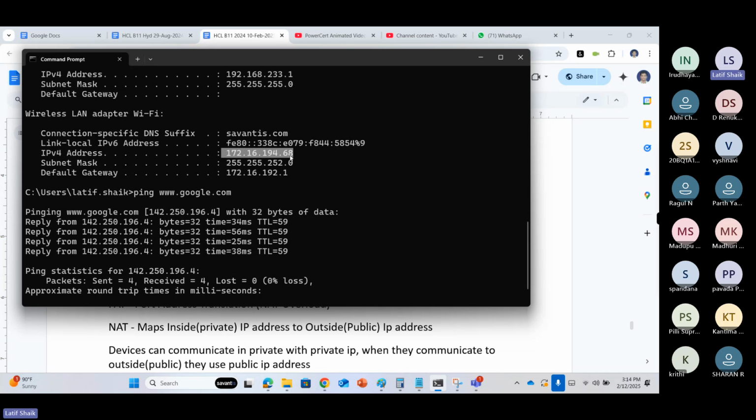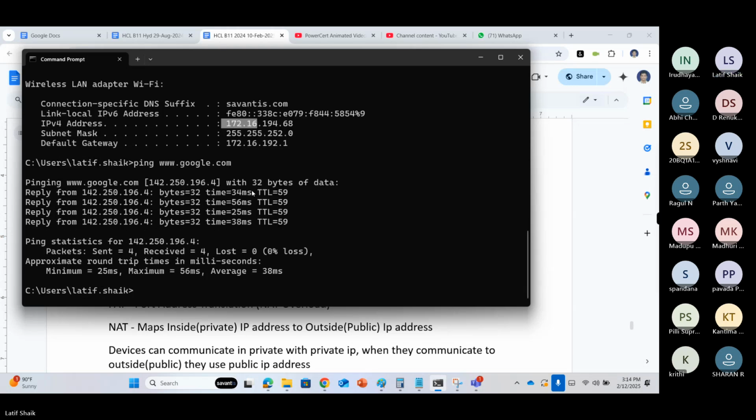That's the IP address of my laptop. It's a private IP. 172.16 means it's a private IP, class B.